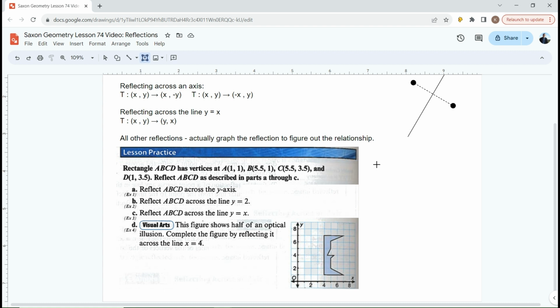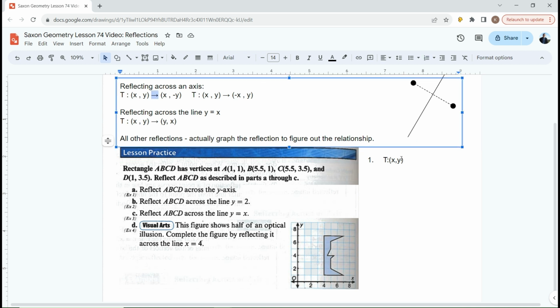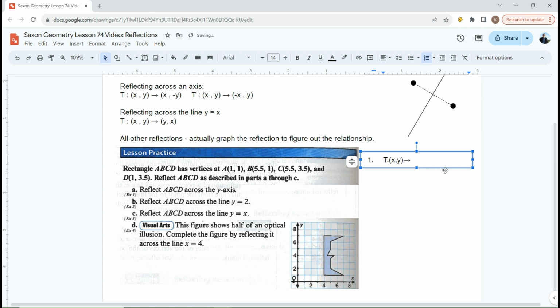Now, for number one, if I'm going to put this in my transformation notation, what I'm going to do is T colon x comma y, arrow, and I'm going to translate each xy coordinate by doing what? If I'm reflecting across the y-axis, that means it's going to be negative x, y. Okay, so if I'm translating this across the y-axis, what are my points going to be?